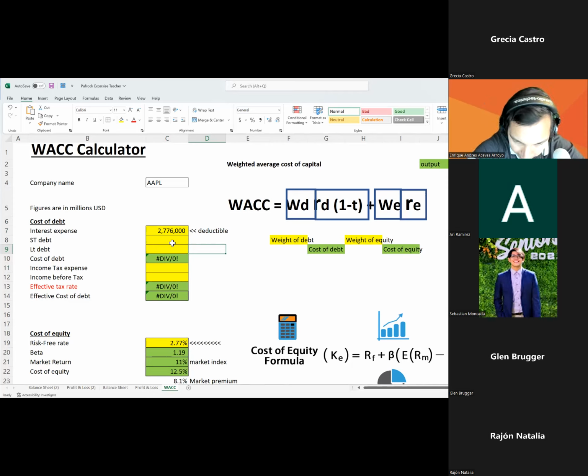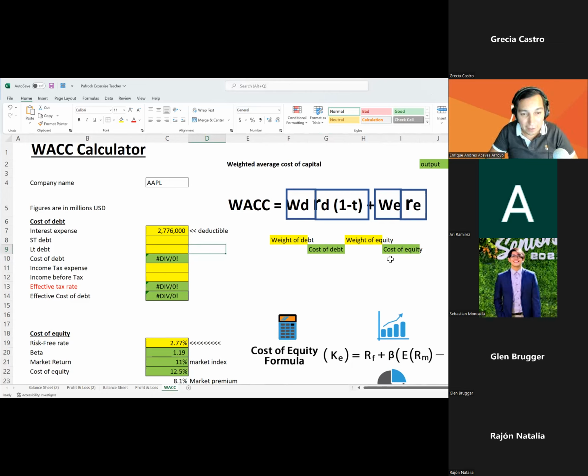Short-term financial debt. How much? What's the short-term debt, guys?